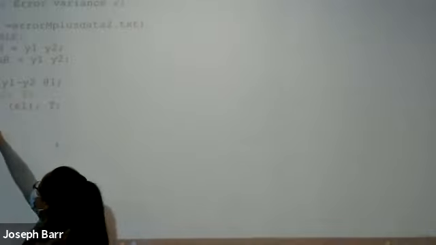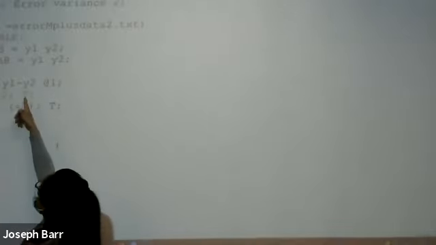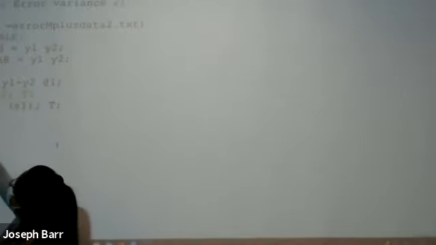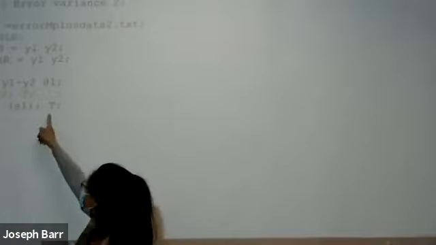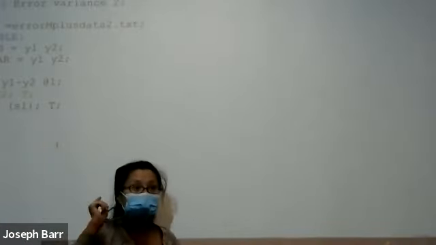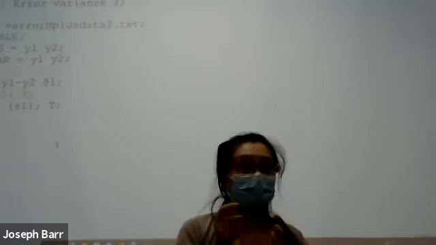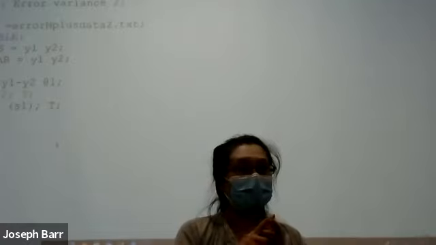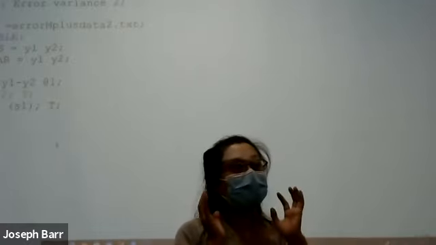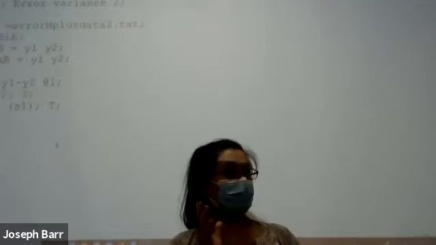This is a new model. Please ignore this part, this is a comment. You're going to ignore this one and look at this part. How many parameters are we going to estimate? 3. Which 3? T, Y1, and Y2. You mean the variance or just T?